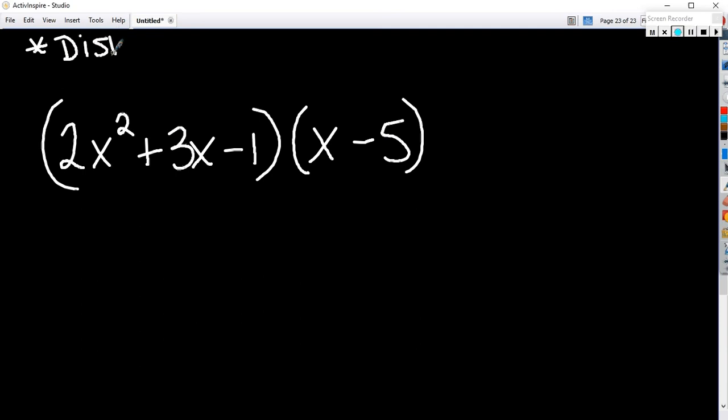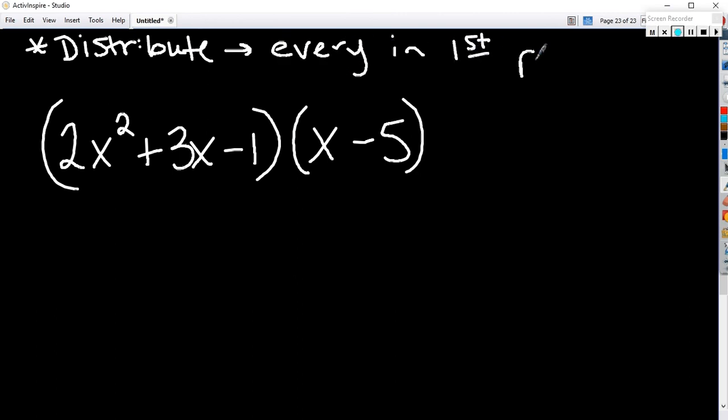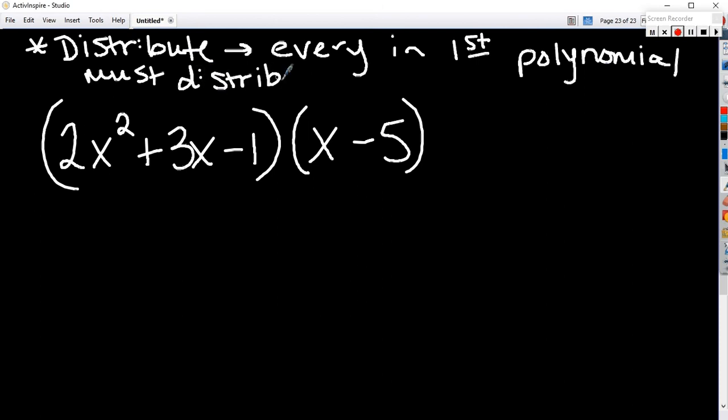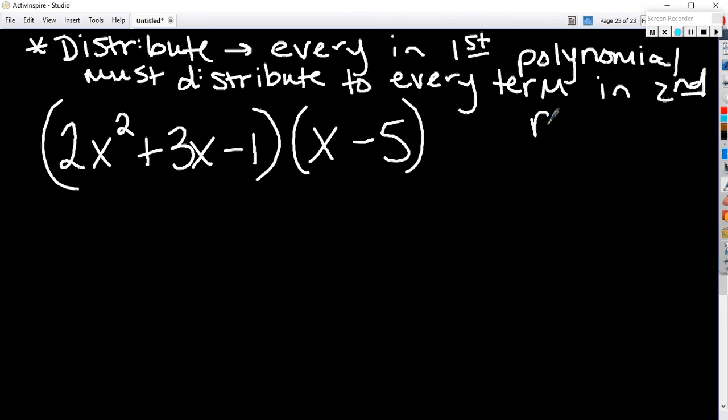These become distribute problems, okay? Every single term in the first polynomial must distribute to every term in the second polynomial.